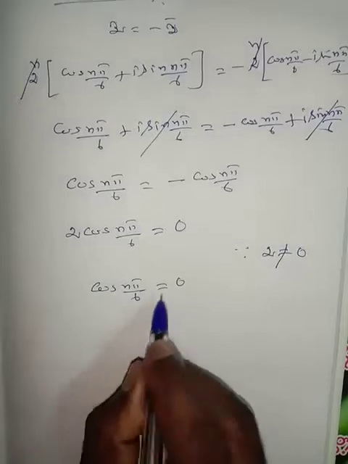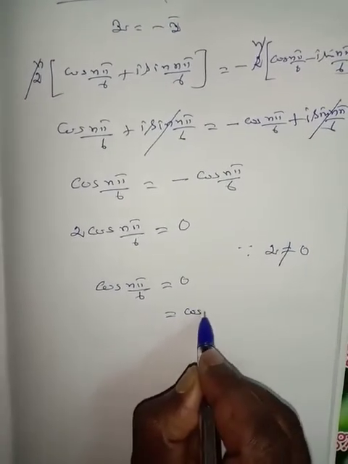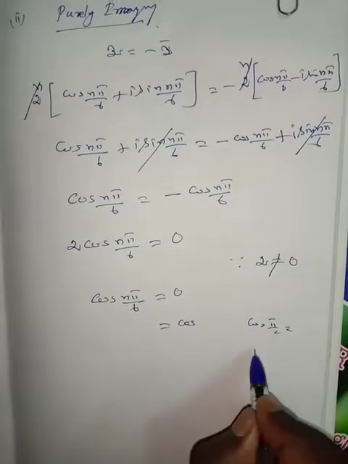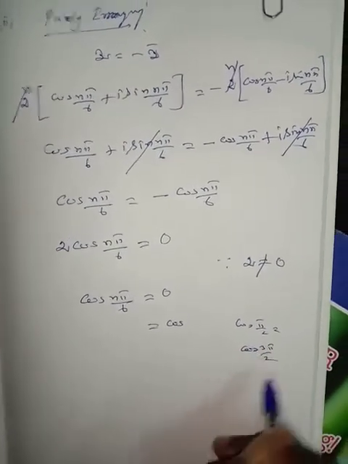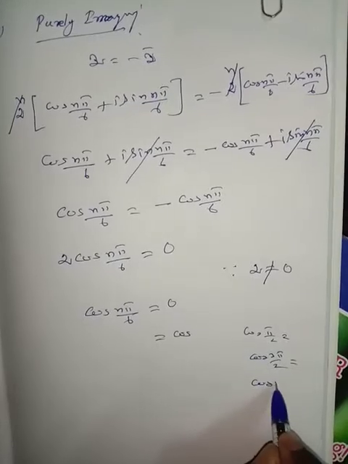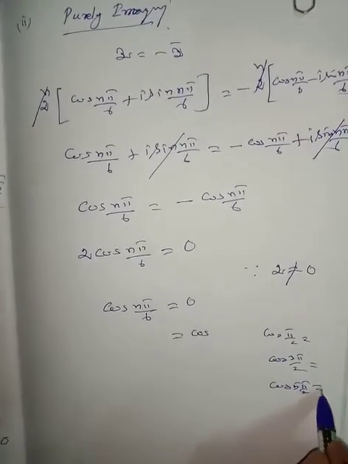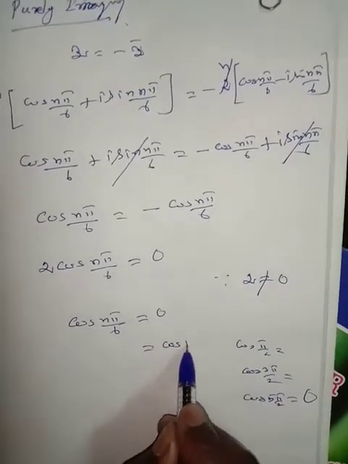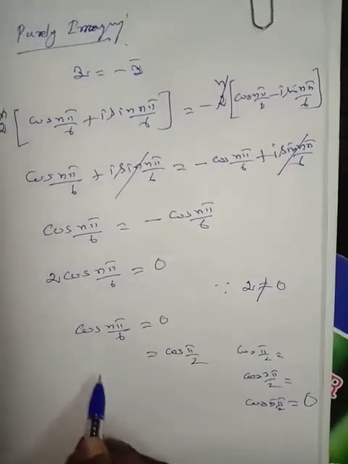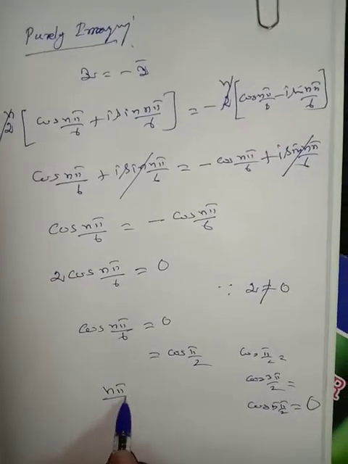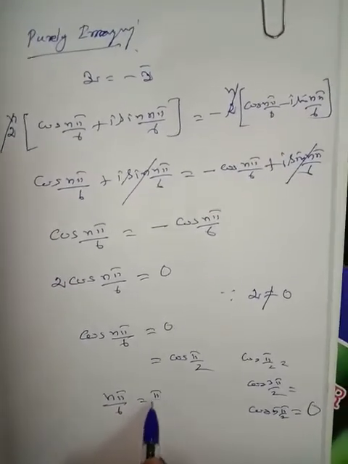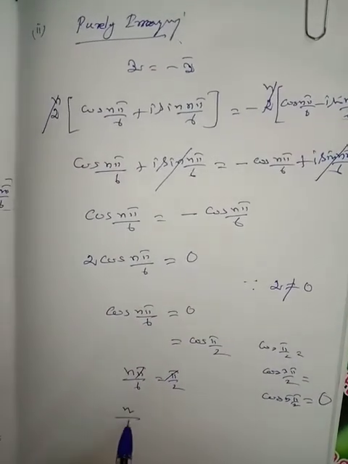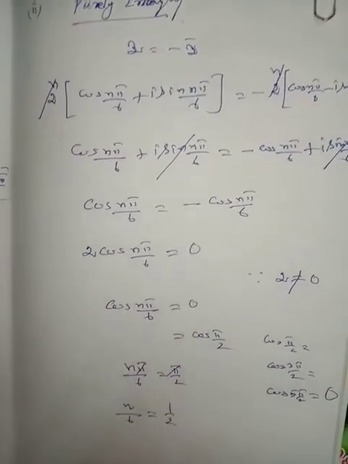In the cos column, cos pi by 2, cos 3 pi by 2, cos 5 pi by 2 and so on is equal to 0. Therefore using 0 is equal to cos pi by 2, taking cos inverse on both sides, we get n pi by 6 is equal to pi by 2. Pi cancel. n by 6 is equal to 1 by 2.